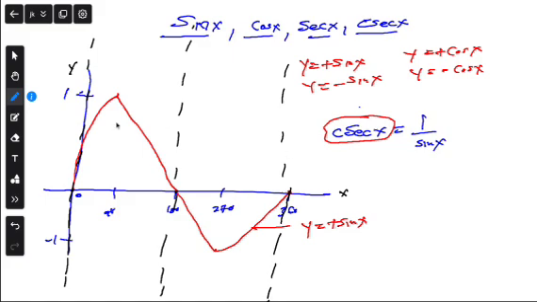Right, after doing that, you know that cosecant is the inverse of sine. So if this is the graph of sine and it is deflecting downward, where is the graph of cosecant going to deflect? It is going to deflect upward. That is one thing you need to know. So y is equal to cosecant. As you can see, this graph here is deflecting downward, so the graph for cosecant is going to deflect upward.